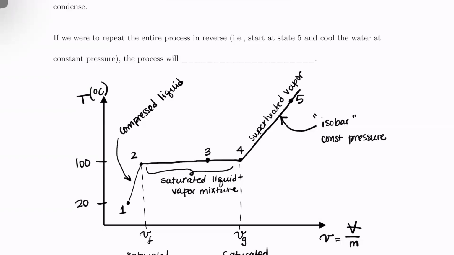Oftentimes at the end of this line, we will have P equals 1 atmosphere. So we'll say, what is the pressure for this isobar curve? And as you can imagine, for every pressure that we could apply to our little system of water, we'll have a different curve. Okay?